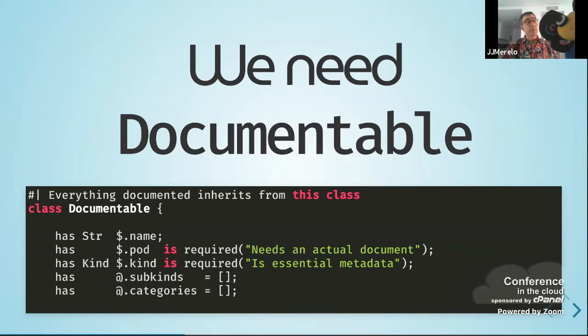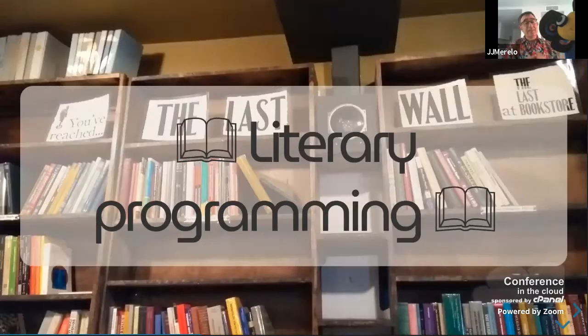So this is class Documentable. We have something like pause, something like kind, something. So this is what that code that we have seen so far, that POD6 code, becomes when we are actually processing it. So this is actually literate programming. This doesn't mean that you can't use this POD6 within your own program.